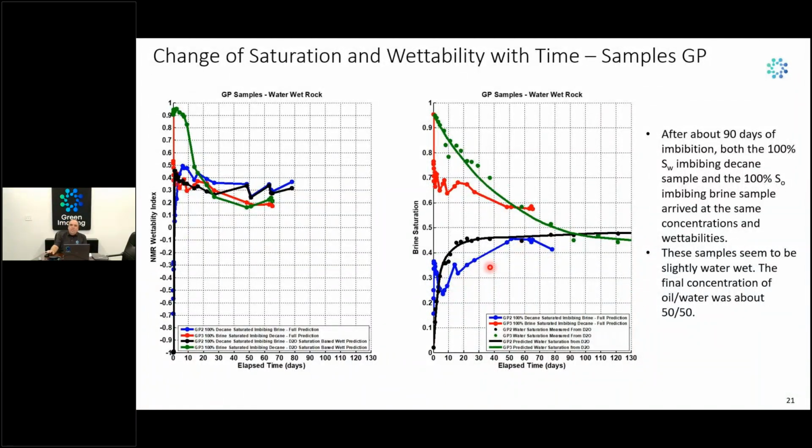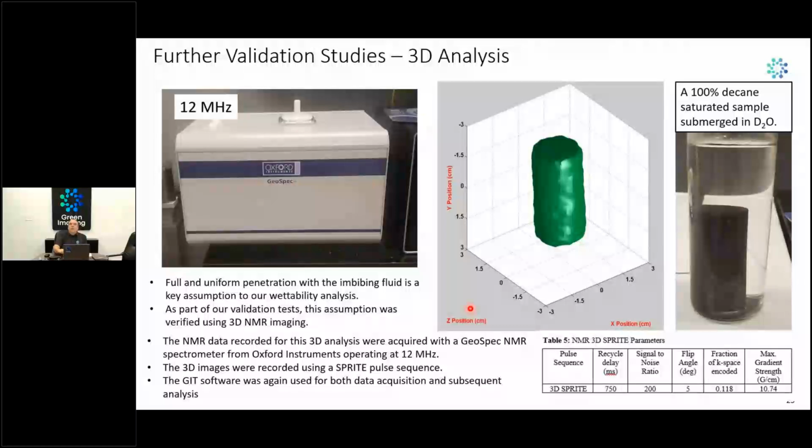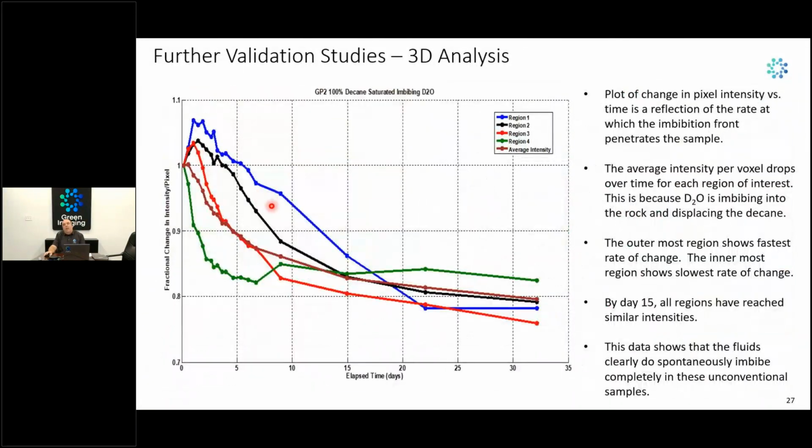And the reason for this oscillation, I now know, is because the T2 distribution that I recorded was not a true average of what was going on in the rock. Well, it was an average, but because it wasn't uniform, it wasn't an accurate prediction of what was going on in the rock.